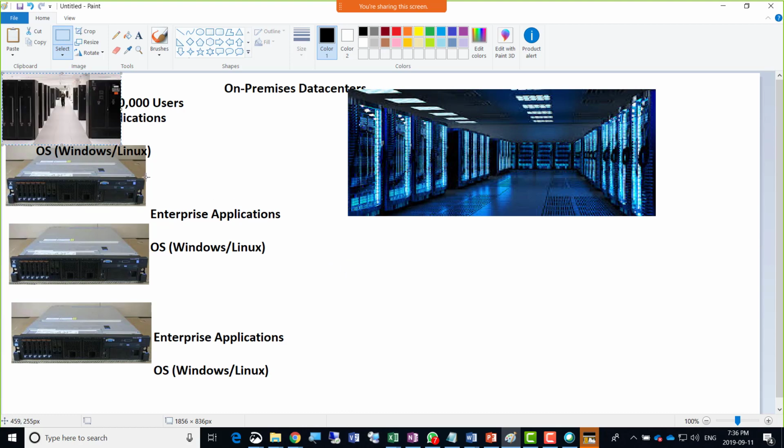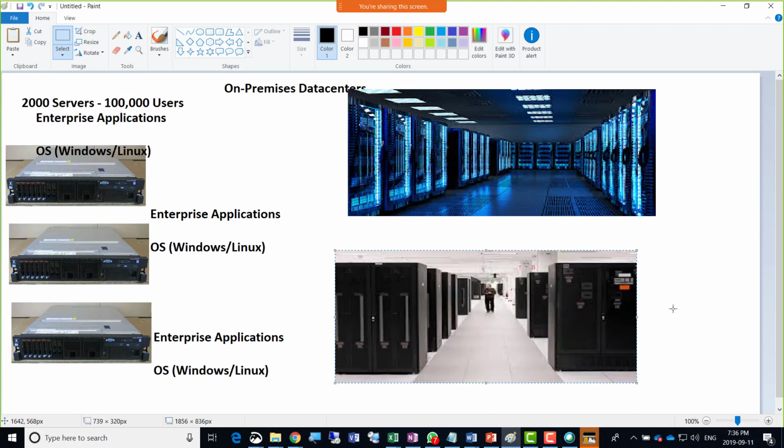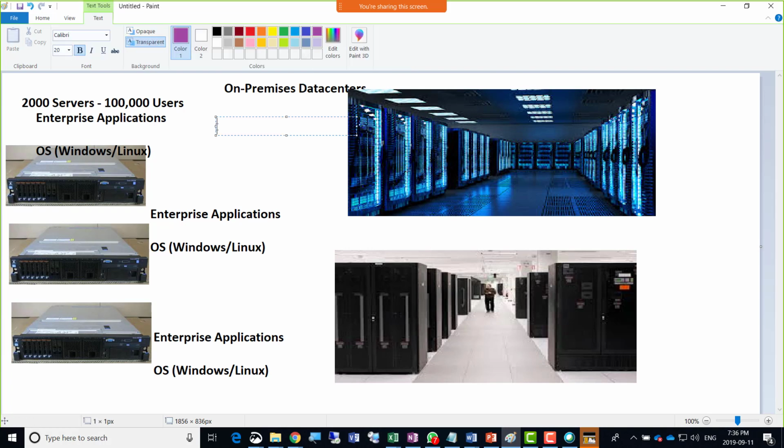Now these data centers for different companies would really be costly. If you have a data center in your company, what is the cost of a data center for a company? And we're talking about on-premises.